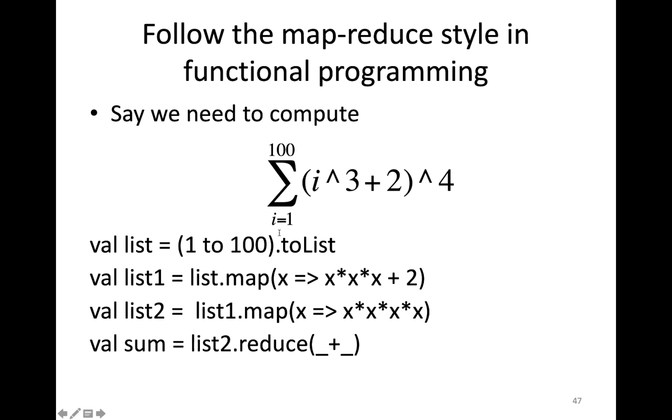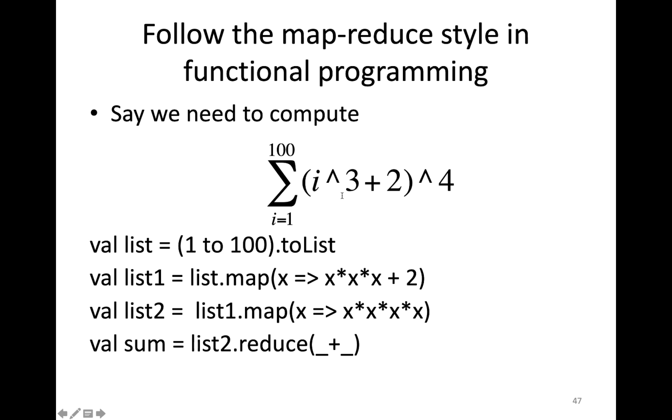Then map each i, basically x is i here, to this function, right? x cube plus 2, that is the first map. And then we have to again do to the power of 4. So use another list and apply map on the previous list with this anonymous function, which corresponds to this part, that given the input x, we are going to raise x to the power of 4.